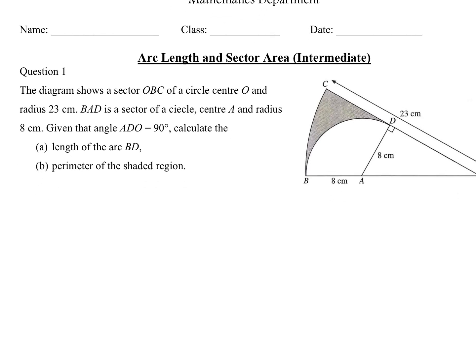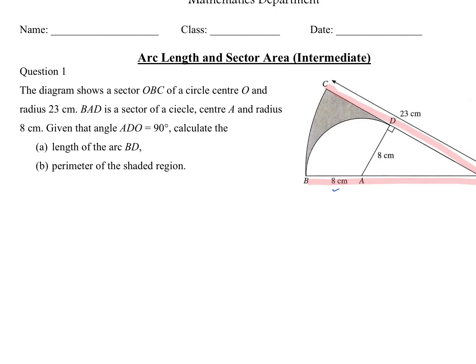Question number 1. The diagram shows a sector OBC of a circle, center O, and radius 23. So now if I have center O over here and my radius is 23, that also means BO itself is also the radius, which is 23, and we already know that this portion is 8.